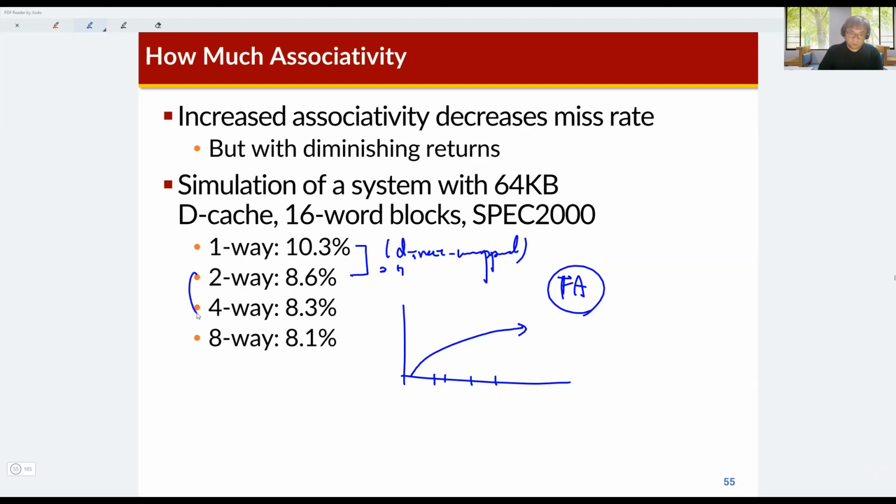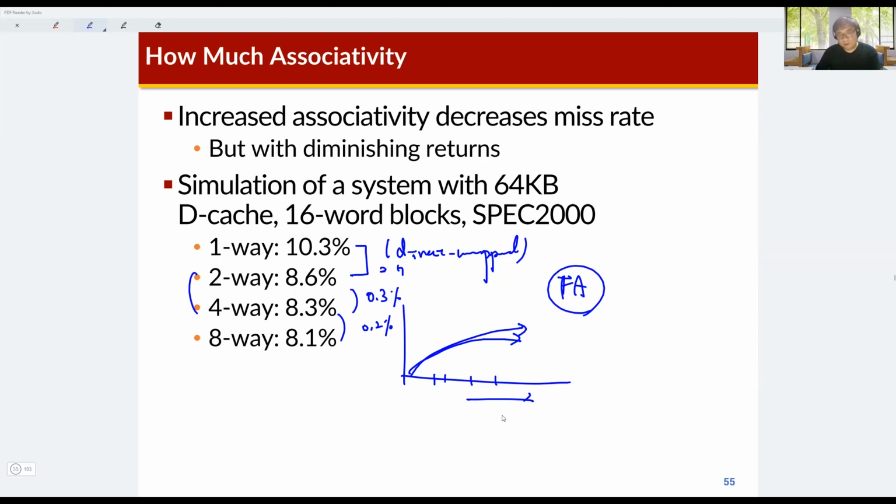But between 2-way and 4-way, the difference in miss rate is just 0.3%. 4-way to 8-way is about 0.2%. So the hit rate is saturated by the set associativity of the cache.